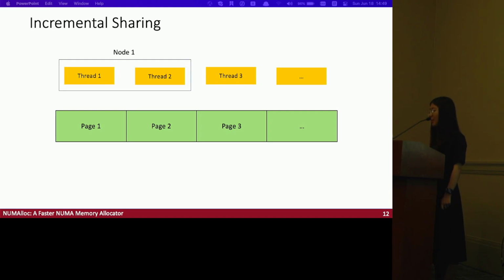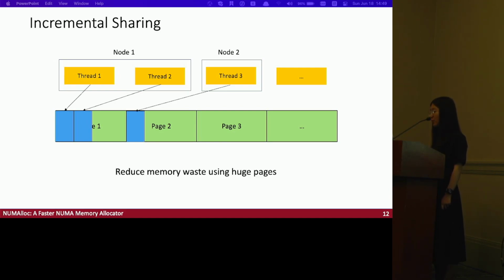In this example, consider that thread 1 and thread 2 are running on node 1 and thread 3 is running on node 2. Since thread 1 and 2 are running on the same node, they can safely share one huge page without any issue, thus reducing the memory waste.